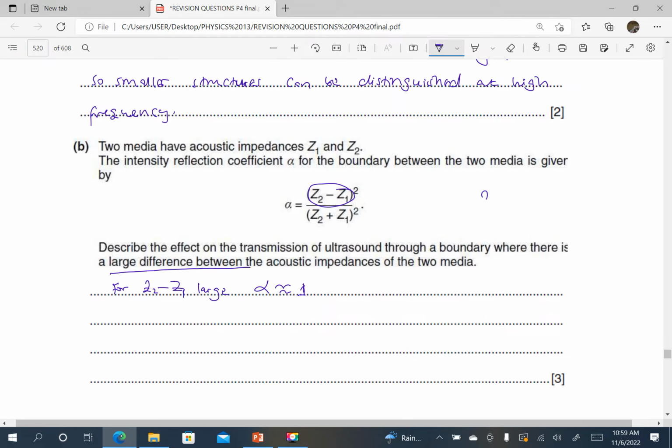Z2 minus Z1 will be approximately equal to Z2 since Z2 is much bigger than Z1, and Z2 plus Z1 will also be approximately equal to Z2. So you will be dividing Z2 over Z2, which is approximately 1. So for Z2 minus Z1 very large, alpha is approximately equal to 1.